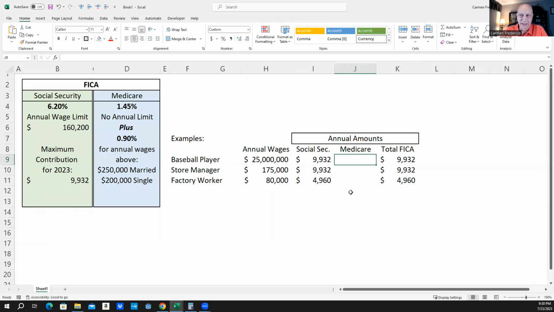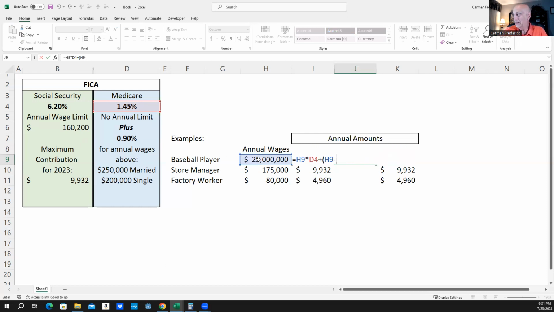So then for Medicare, that's the other piece. It's at 1.45% of wages. So what is the baseball player who's making $25 million contributing to this? Well, it's $25 million times 1.45%, plus the wages of $25 million minus, let's assume he's married filing joint, $250,000 times 0.9%.